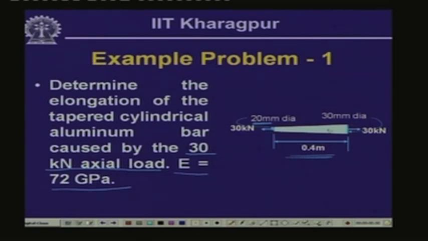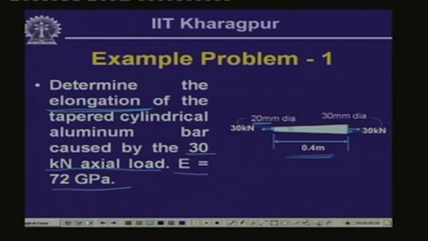Now, our job is to find the elongation of the gradually varying member. If you remember, we had discussed how we compute the elongation in such members.